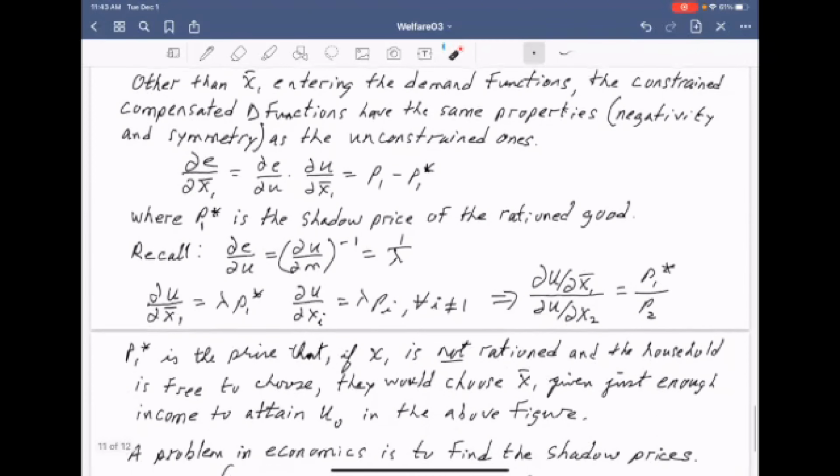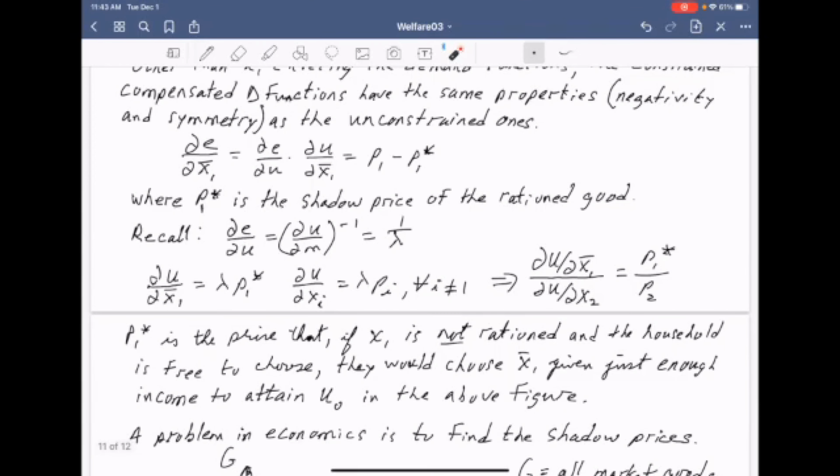Now recall that the partial of E with respect to U is equal to the partial of M over U, which we write here as the partial of U with respect to M, is equal to 1 over lambda, where lambda is that shadow price. So the partial of U with respect to x1 bar is equal to lambda times P1 star.